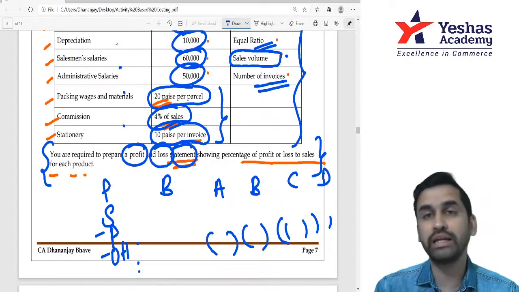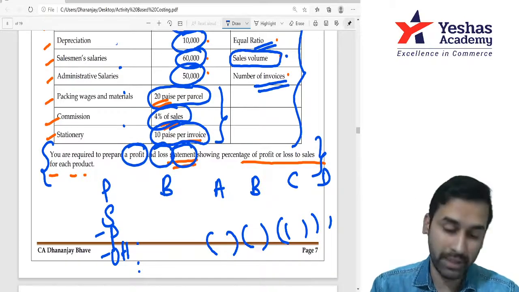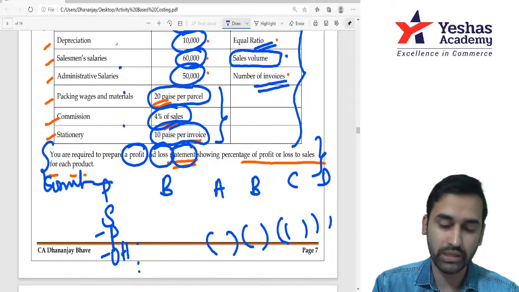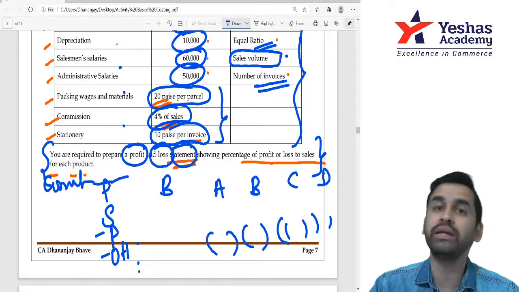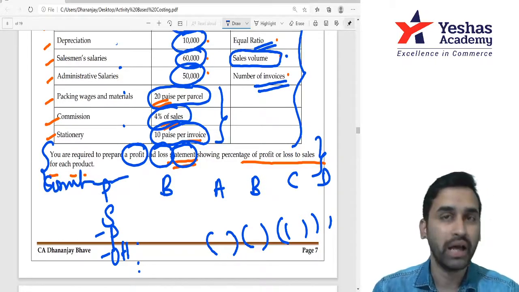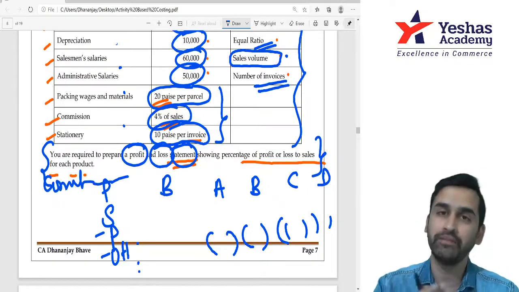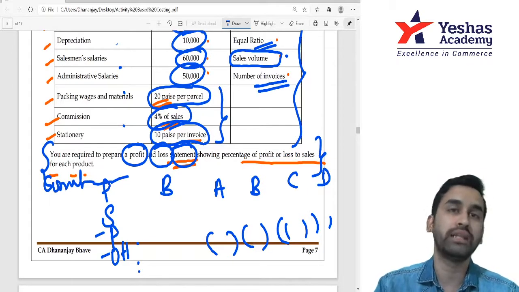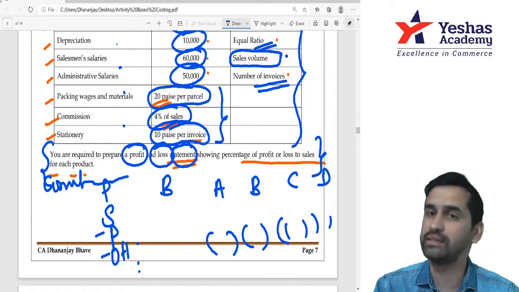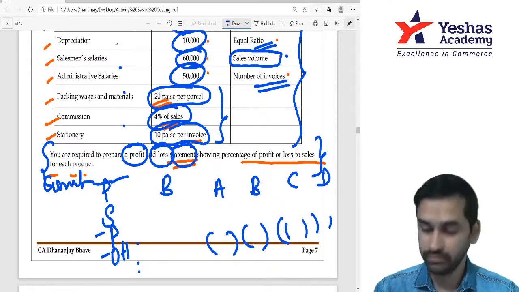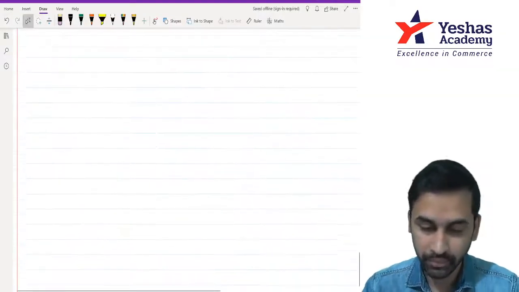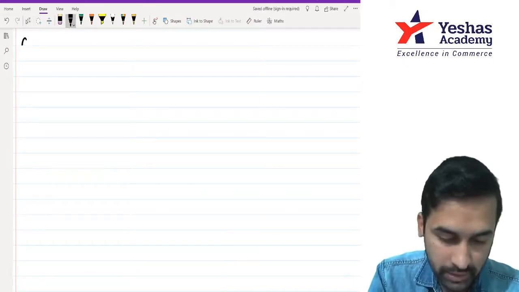Correct? So don't unnecessarily get into that. Sometimes they will ask you to comment about the result, comment about the profitability. In that case, you will have to write the comment. I've already taken 2-3 problems where I discussed how to write a comment. If they ask, then only write. Otherwise, writing a comment is not necessary. Clear? Let us start. Here it is, question number 7.